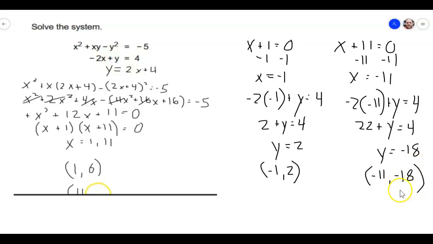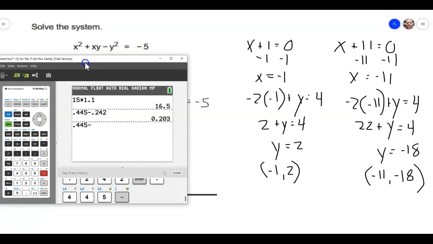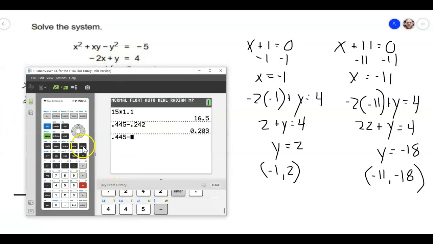All right, so let's go ahead and check both of these answers now using our calculator. So clear. I'm going to check this top one here. Wherever there's an x, we're going to plug in the x value. Wherever there's a y, I'm going to plug in my y value. When I plug in the left side, I should get a negative 5.